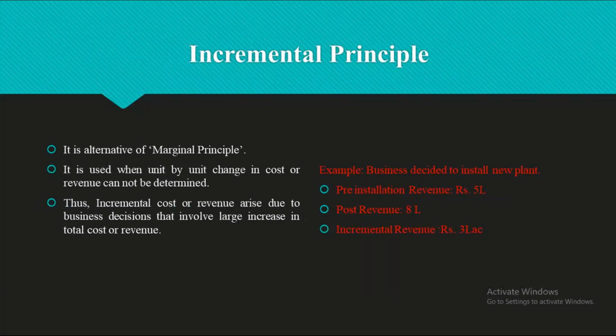But sometimes in certain sectors, like the manufacturing sector, it is not possible to find out the unit change in the cost or the revenues. It is not easy to determine that, because the products are such that they are produced in bulk rather than in single units. And it happens in most things.